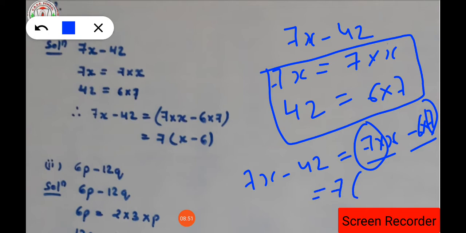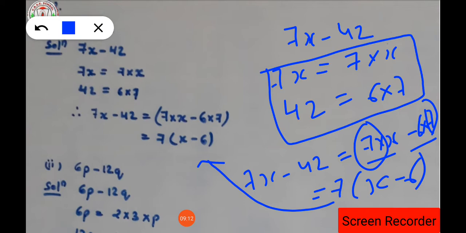When we take 7 common, what is left out? x is left out, because 7 is taken common from both the terms. Minus, what is left in the second term? 6. So what is the answer? That is 7 into x minus 6 is the required answer.